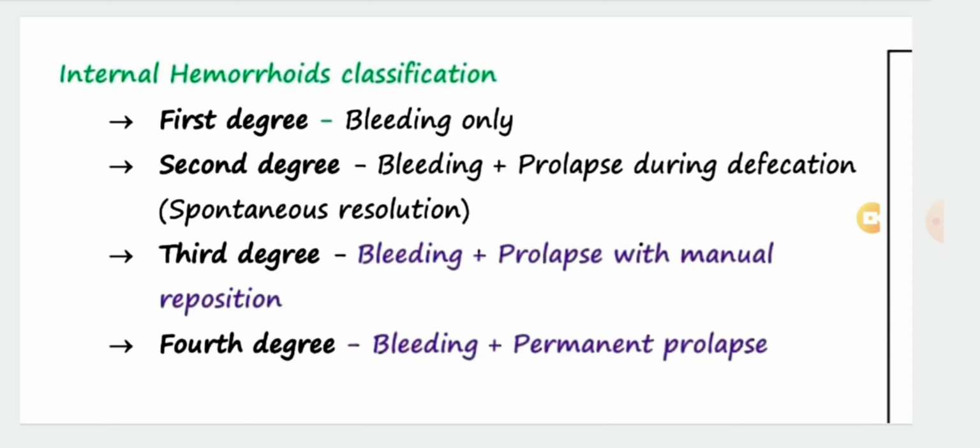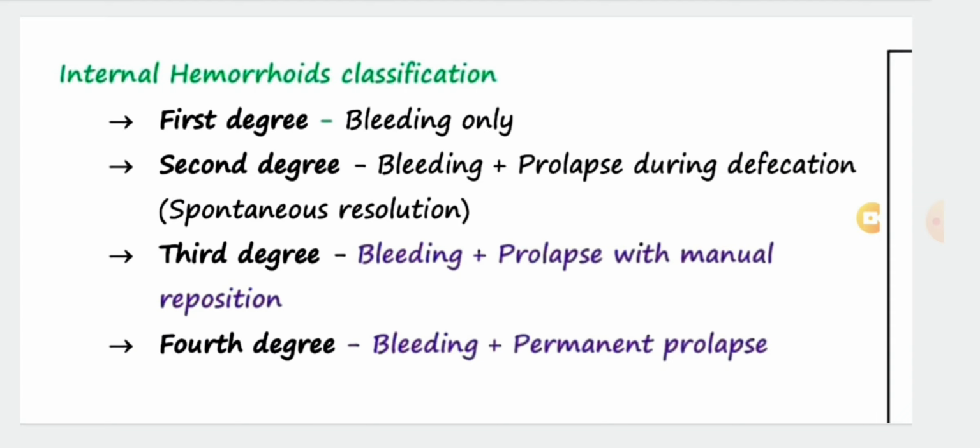Now third degree hemorrhoids. In this case also there is bleeding and prolapse of the hemorrhoids outside the anal canal. But the difference between second and third degree is that in third degree the hemorrhoids don't go back inside spontaneously. We have to reduce them manually.